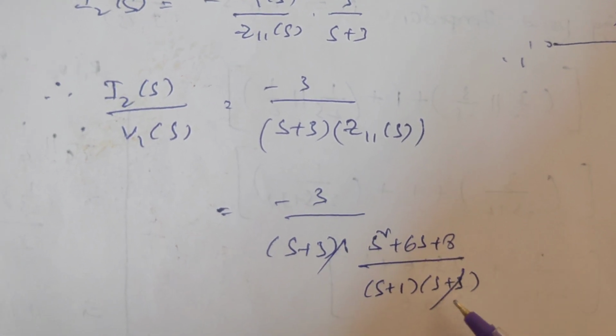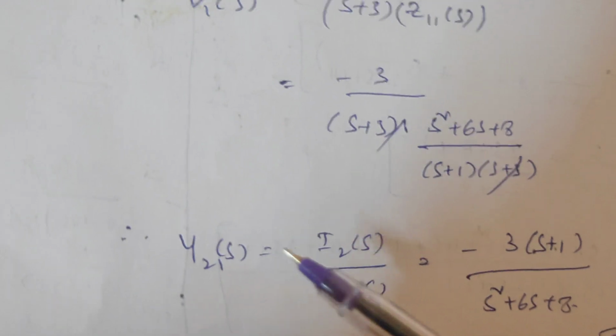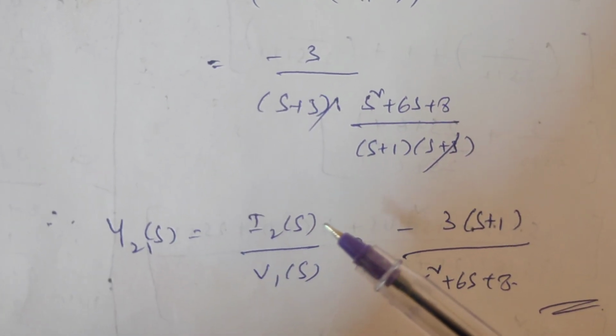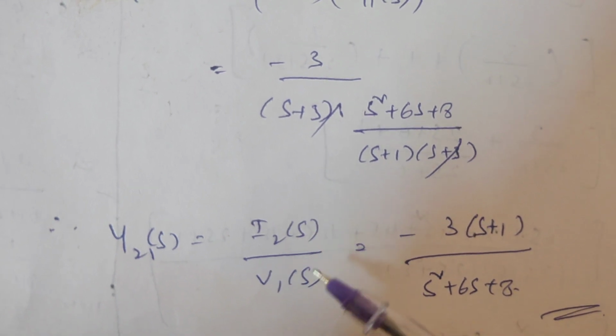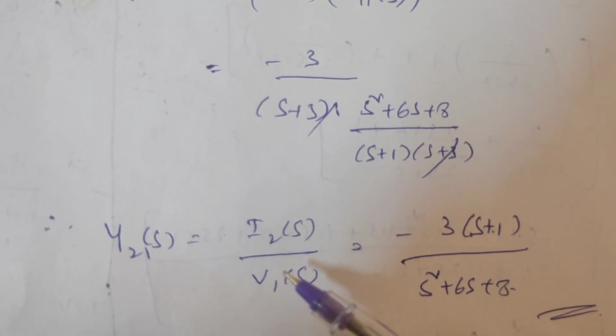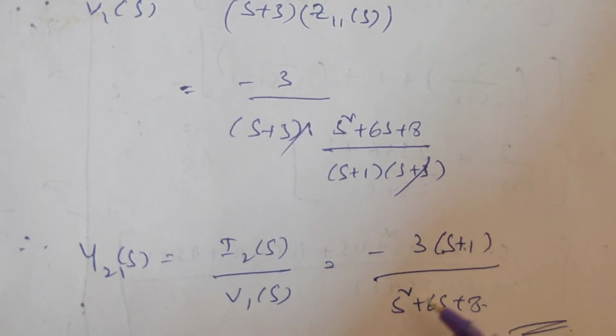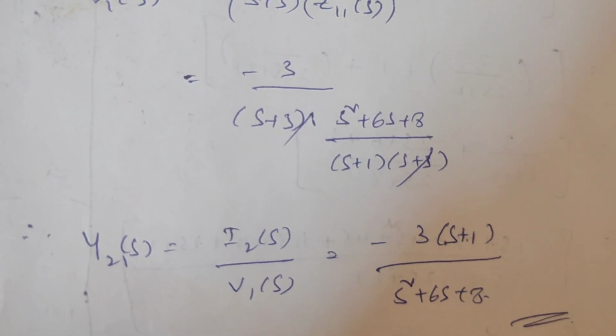Here s plus 3 will get cancelled. So we are getting the final transfer admittance value, I2 of s by V1 of s, which is equal to Y21 of s, which is equal to minus 3 into s plus 1 by s square plus 6s plus 8. Thank you.